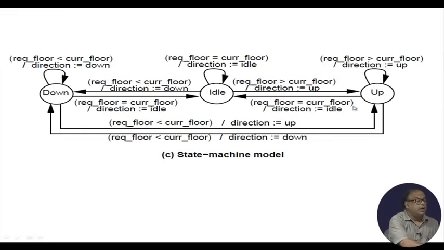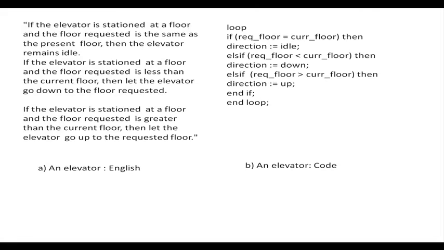The state of the controller is up. At that time, I get a request of a floor that is lower, and as this FSM is saying, it will start moving down. These specifics were not specified here, because this was purely sequential.